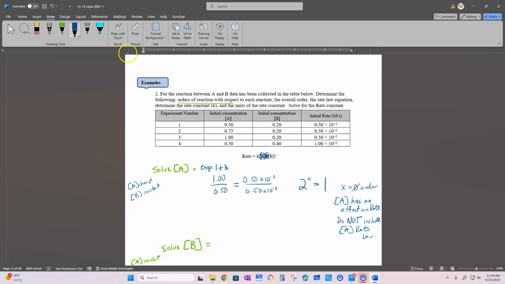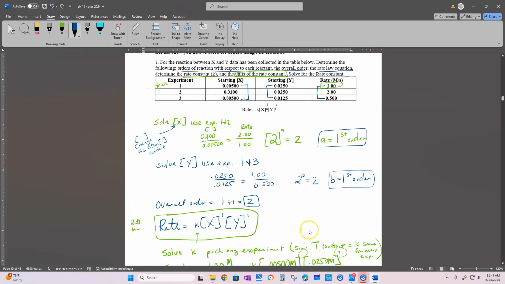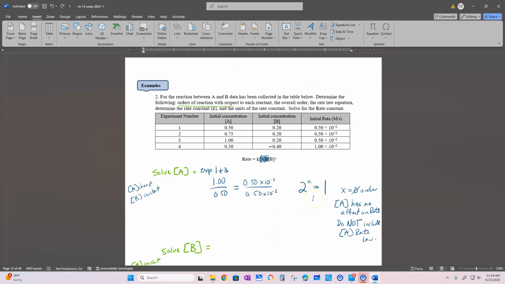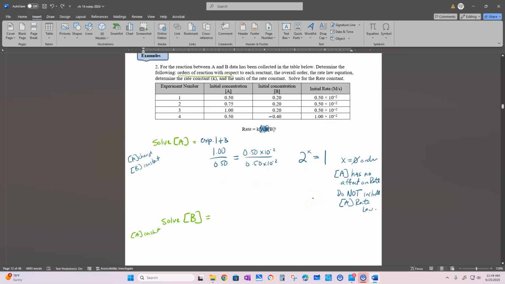Now, I have to choose experiment 4 because that's the one that did change. I could choose 4 and 3, 4 and 2, or 4 and 1.